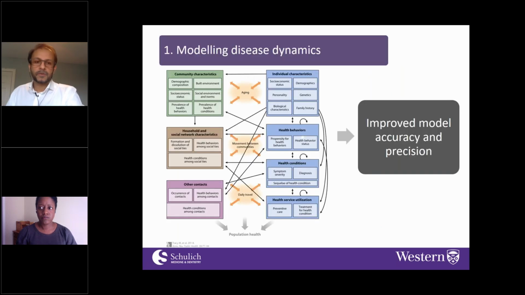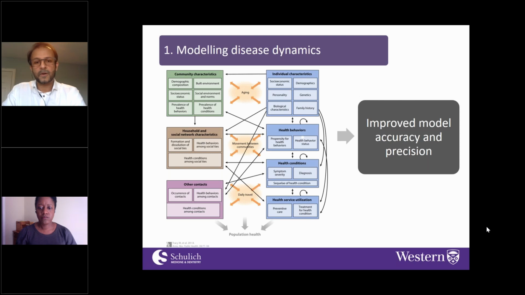So the first one and the most common aspect of recommendations has been consistently saying that we need to take into account social factors because they improve model accuracy and model precision. And the arguments are based on the fact that individual characteristics are different. Individuals have different levels of susceptibility to infections, and the way they interact with their environment and with the health system is different.